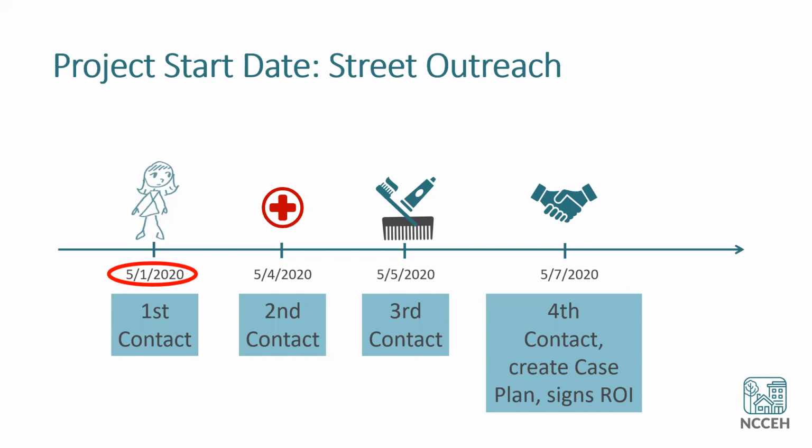In terms of doing the HMIS data entry, in my mind, this suggests that the street outreach project or caseworker can start a client record in the HMIS at the point of first contact or immediately after, and record second and third contacts, and then enter the ROI and the case plan after the fourth contact. Is that correct in terms of the process for HMIS?